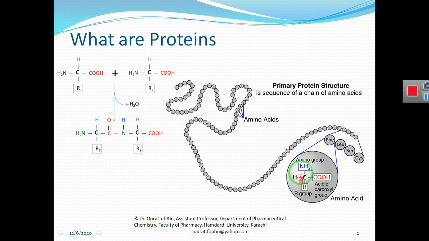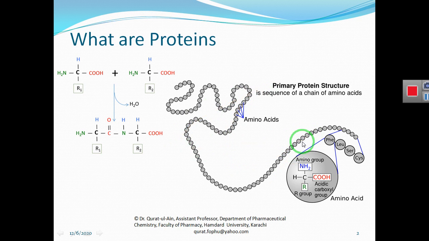Now what do these amino acids do when they join with each other via a bond that we call a peptide bond? After joining via peptide bonds, we get a long chain that we call a polypeptide.